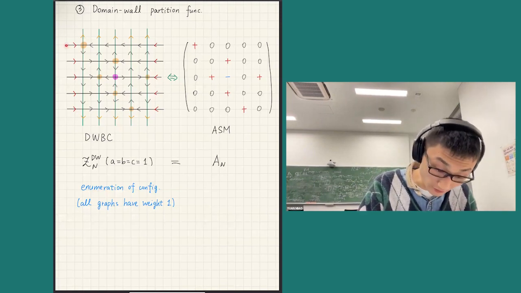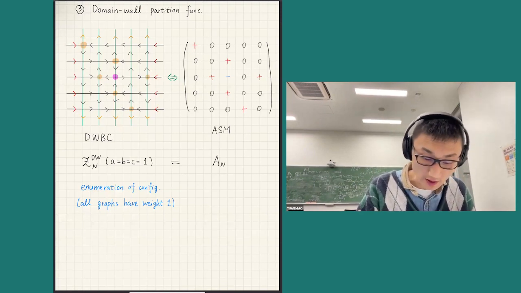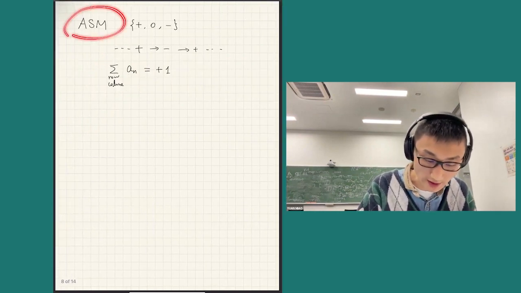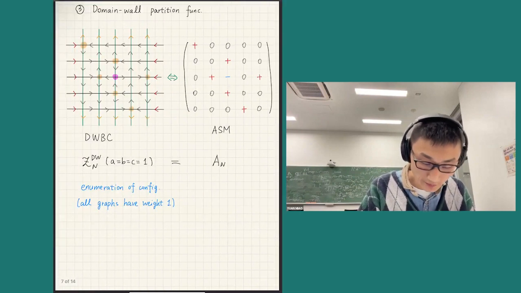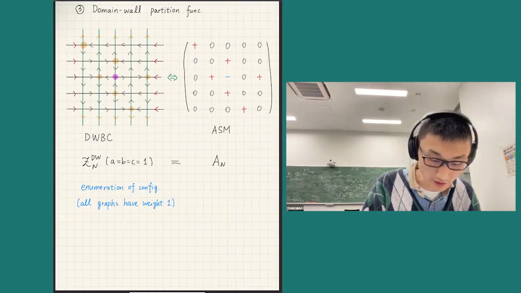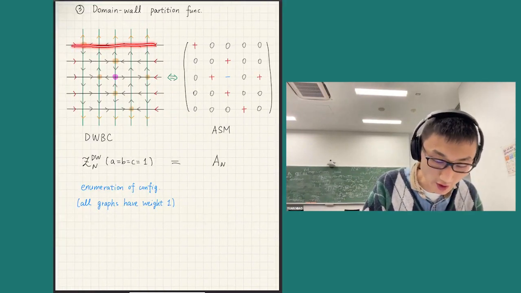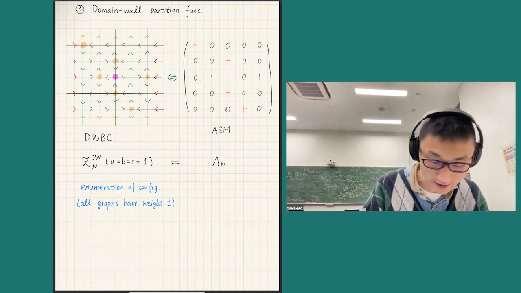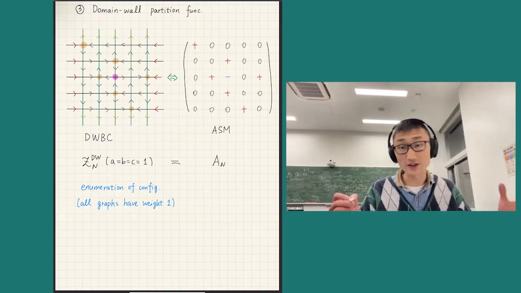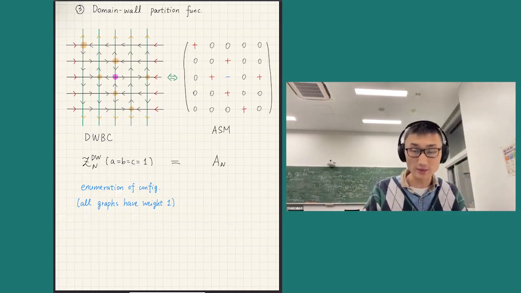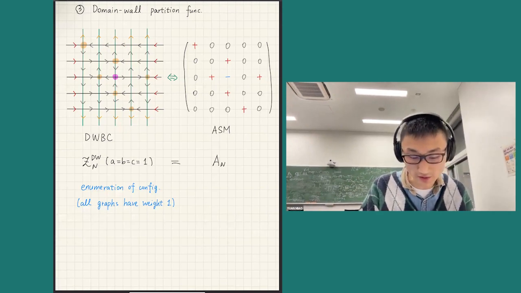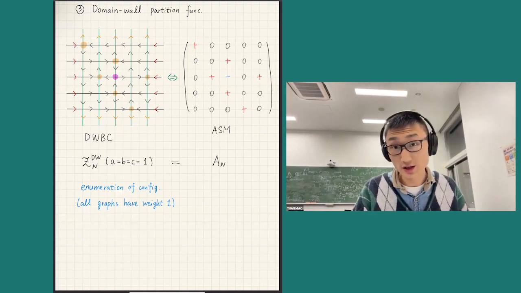And because of the boundary condition, it automatically satisfies all the definition of ASM, as I was explaining before. For example, for the first row, we see that it has to change the direction once. Basically, C vertices change the direction. All the A and B's, for example, this is a B vertex, it doesn't change the directions.